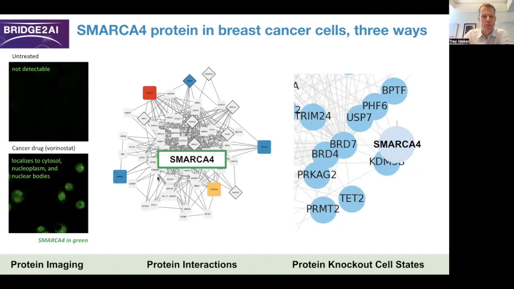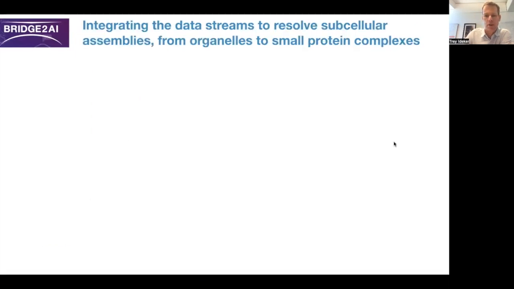In the middle here, you can see the interacting proteins of SMARCA4 as determined by affinity purification mass spectrometry, which themselves, as you see here, form a web of interactions among themselves. And over here at right shows a functional network linking SMARCA4 to other gene perturbations that produce the same cell state. For instance, a perturbation to BRD7 looks very similar to a gene knockout of SMARCA4 in terms of its effect on the cell overall.